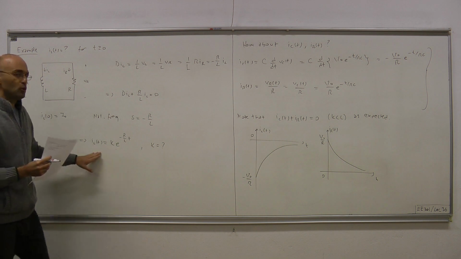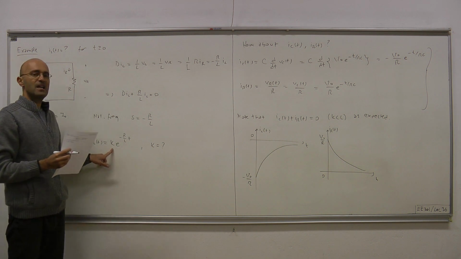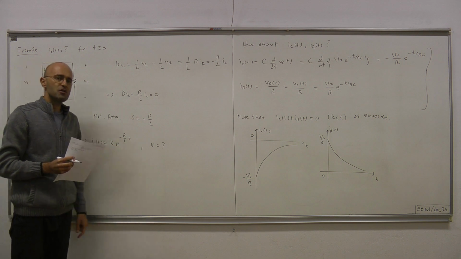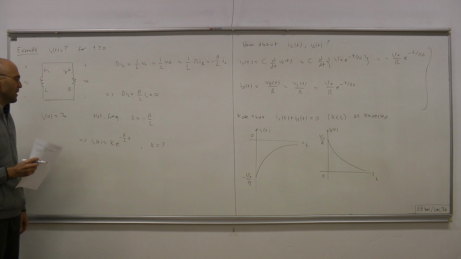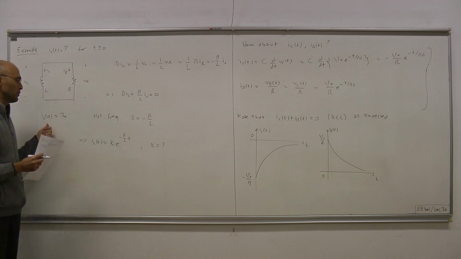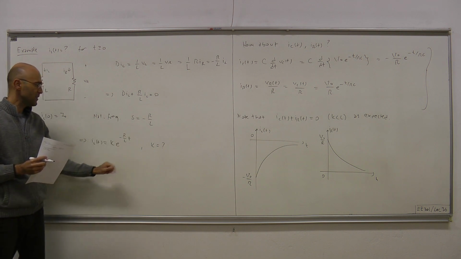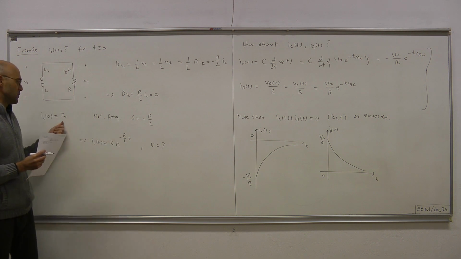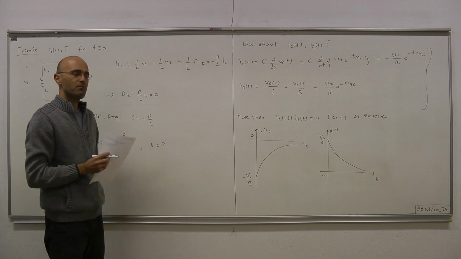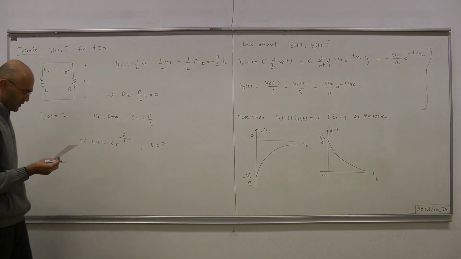Okay, so this is a solution candidate. No matter what K you pick, it will always satisfy the differential equation. So you have to look elsewhere to figure out the exact value of K, and where you have to look is the initial condition. So evaluate this at t equals 0, and it must equal I0, and that immediately gives us the answer for K. K equals I0.